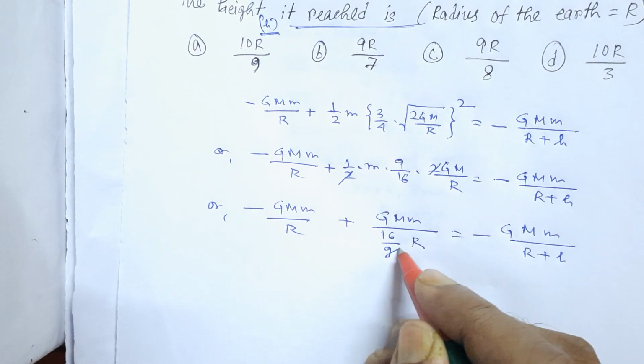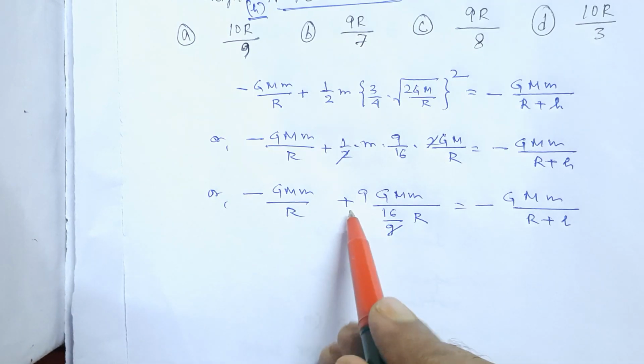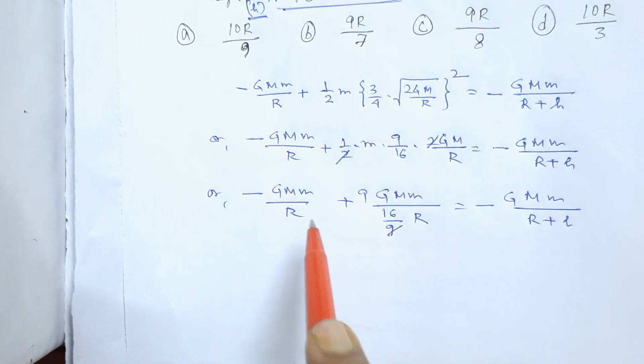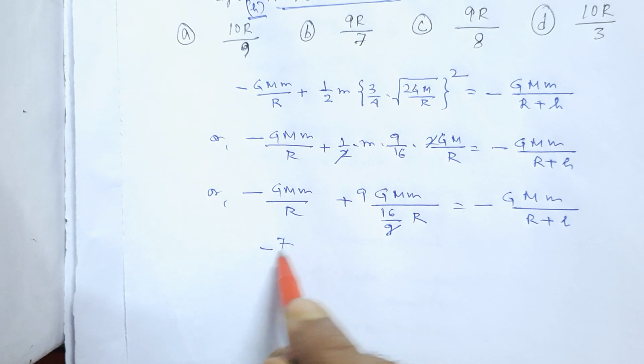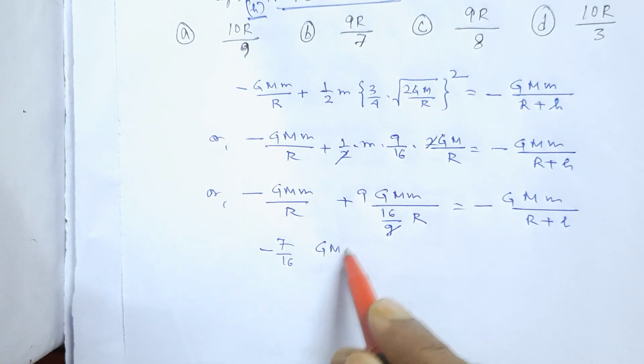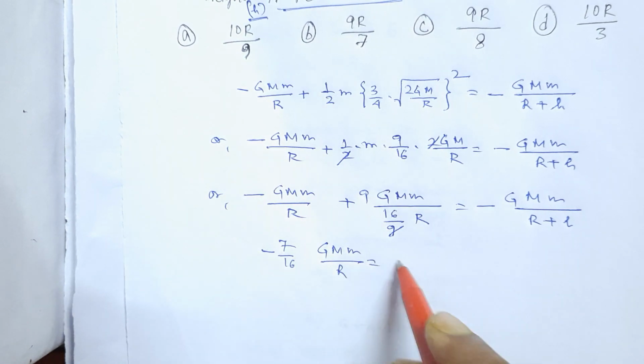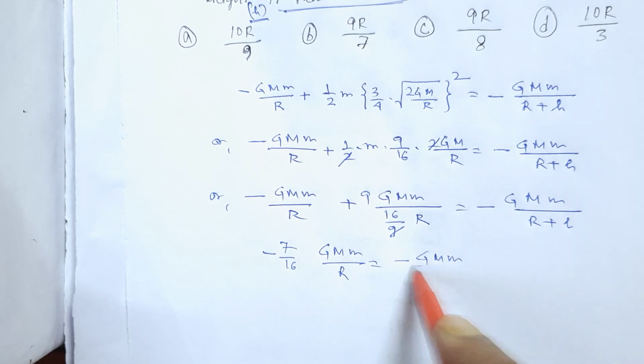It should be 9 by 16. Now 9 by 16 minus 1 is minus 7 by 16. This is minus 7 by 16 GMm by R equals minus GMm by R plus h.